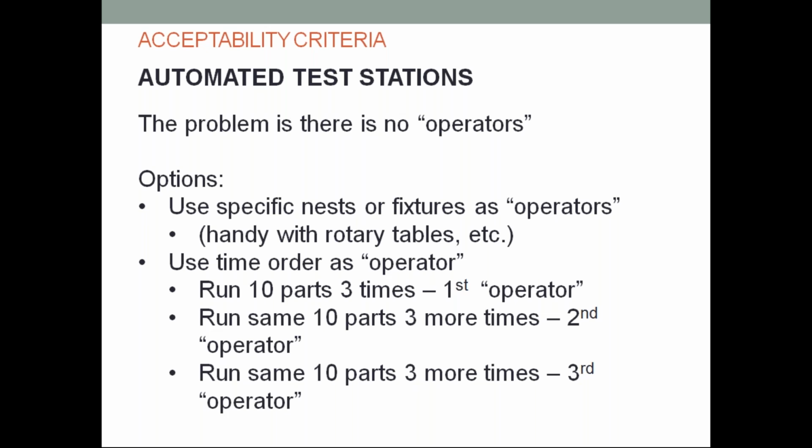Another is to use time order as an operator. So if there's no nest, or there's only one nest or fixture, there's no operator interaction, then a good idea is to run 10 parts 3 times, then run 10 parts 3 more times later, and then run the same 10 parts 3 more times later than that.